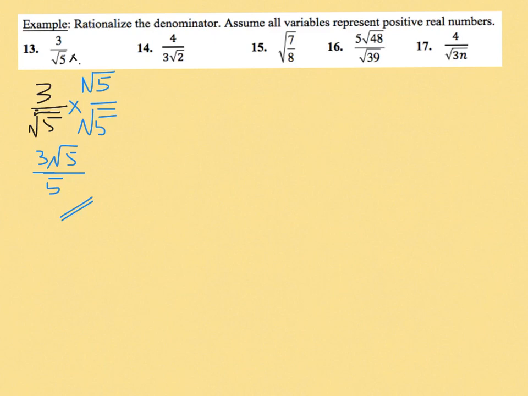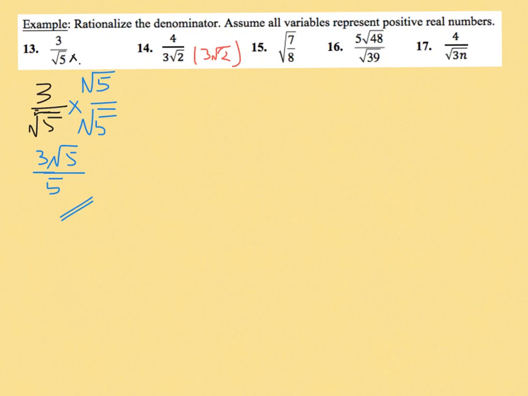In example 14, we have 4 divided by 3 times square root of 2. And in this case, some of you may be wondering whether you need to multiply the denominator by 3 square root 2 to get rid of the square root here. So do you need to multiply by 3 square root 2 in the denominator? You can do that, but it's making things a little bit more complicated.